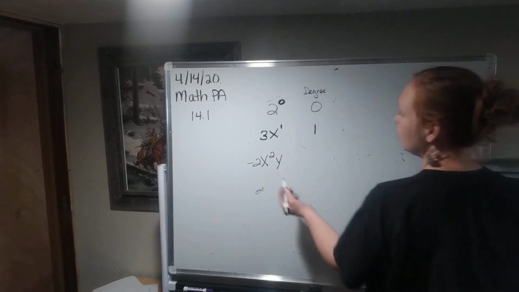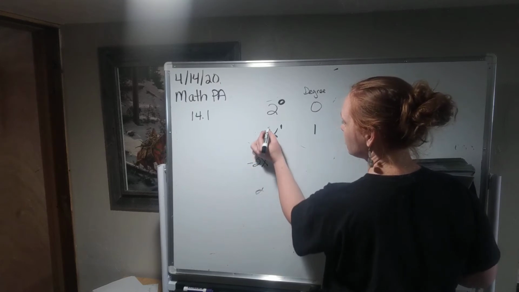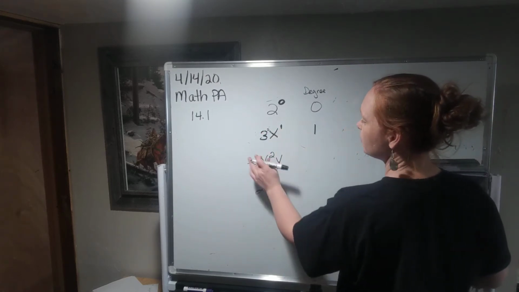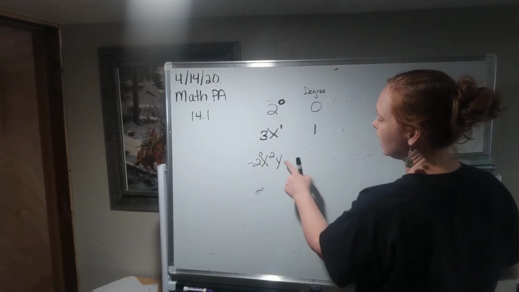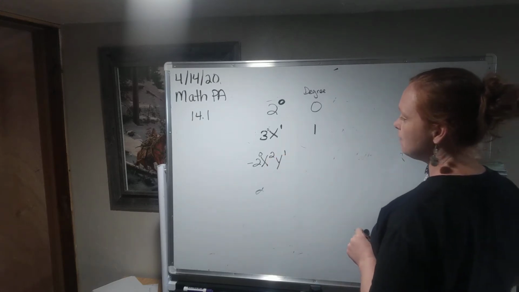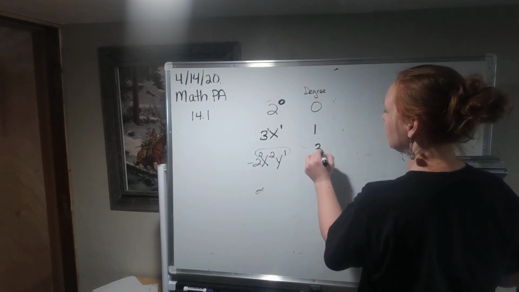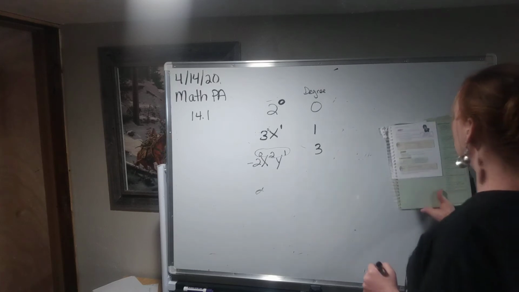Now here, we have to think about the 2 having a 0, because the 3 had a 0, right? 0 plus 1 is 1. The 2 has an exponent of 0. The x has an exponent of 2, and the y has an understood exponent of 1. Okay, so let's add those exponents up, and what do we get? 3. So this term has a degree of 3.